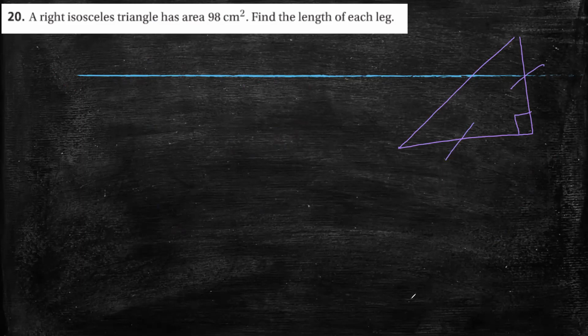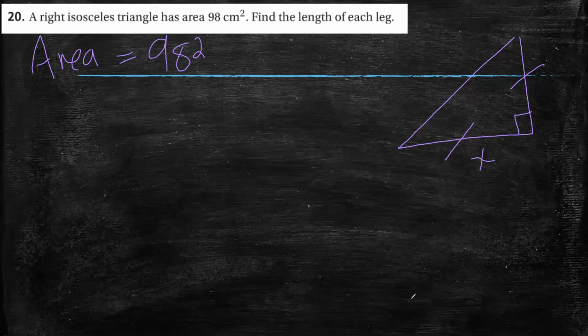The area of this triangle is 98. He asked me to find the length of each leg. If this one is x and it is isosceles, the length of the second leg is also x.